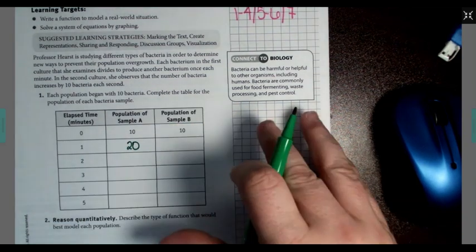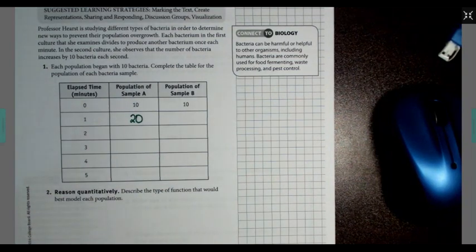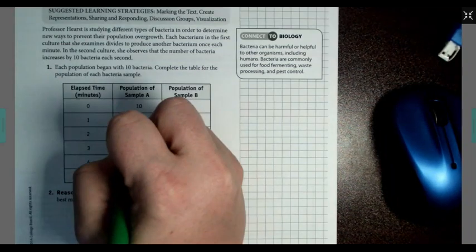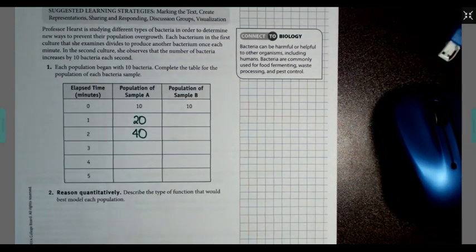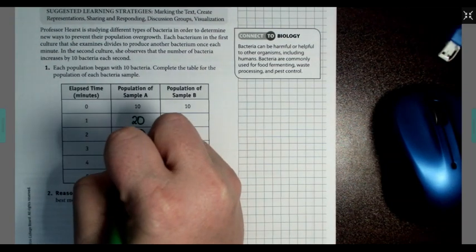After 1 minute's time, these 20 bacteria now divide themselves and create 40. After another minute's time, the 40 bacteria that we have now divided to create 80.